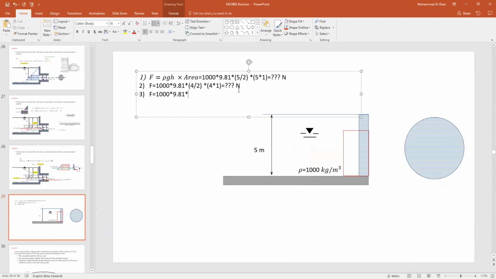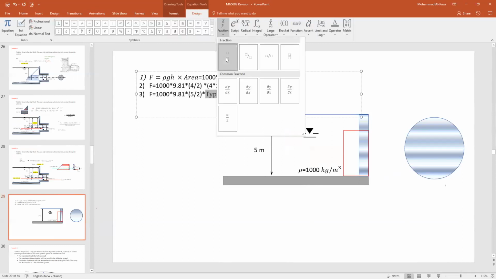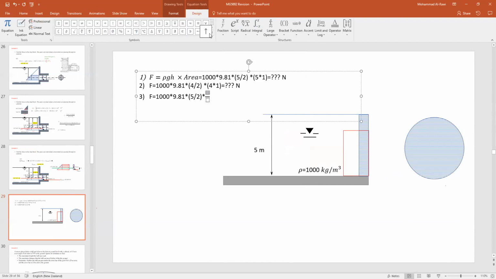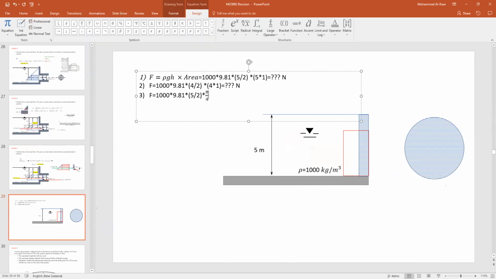Again, it's 5 divided by 2 because it's from the surface of the water, times now the area is completely changed. It's not anymore the product of two values. It's pi over 4 because it's a circular shape. So pi divided by 4 times the diameter squared. Let's say the diameter in this case is 5 meters, and that will be squared, and then you get the area.